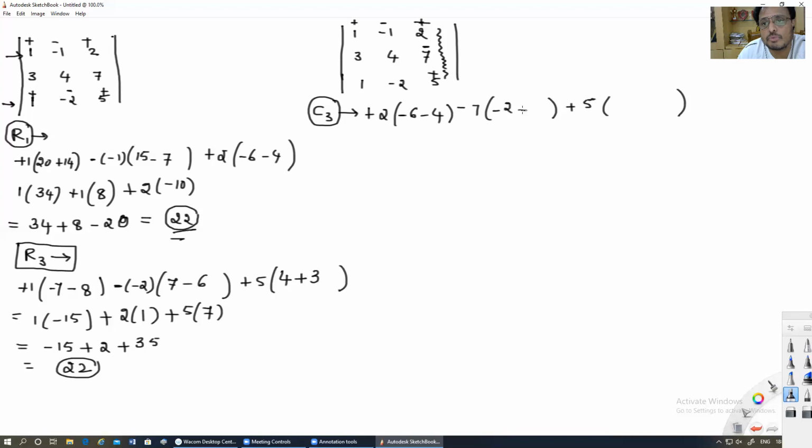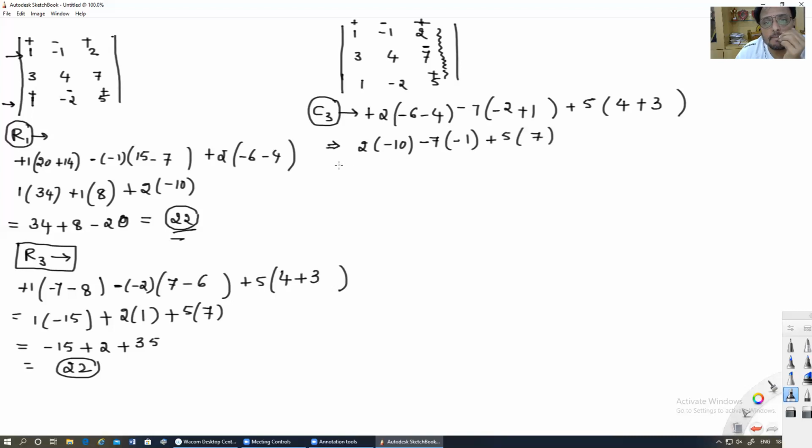Plus 5, horizontal, vertical, 4 plus 3. So look at this: 2 into minus 10, minus 7 into minus 1, plus 5 into 7.